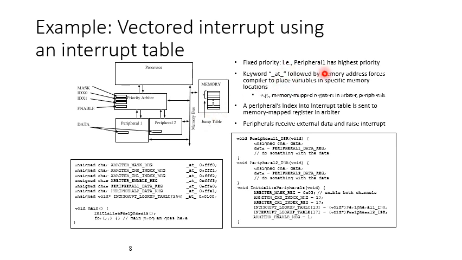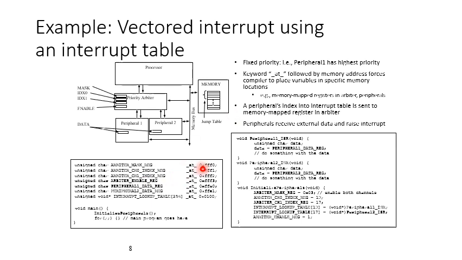So let's talk about the points of this vector interrupt using an interrupt table. Fixed priority: as we can see here, peripheral 1 will have the highest priority. The keyword _at, followed by a memory address, forces the compiler to place a variable in a specific memory location.